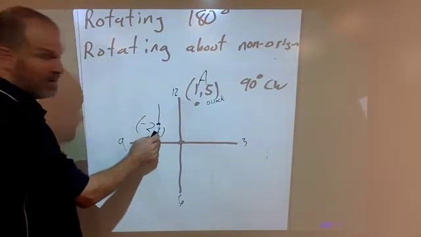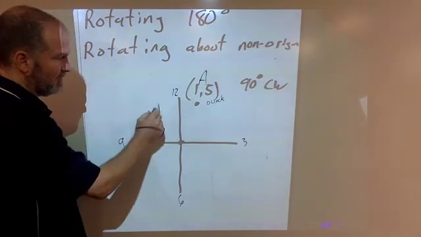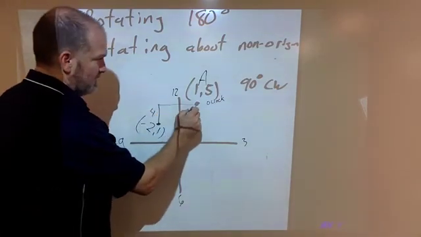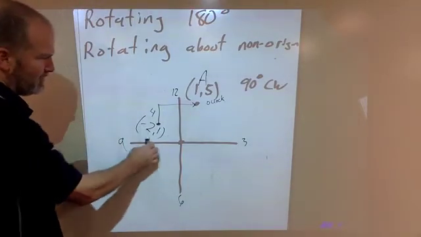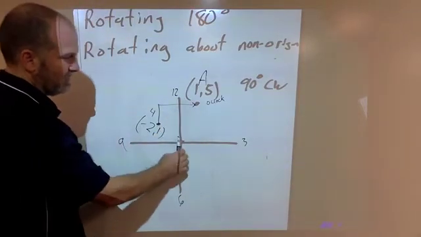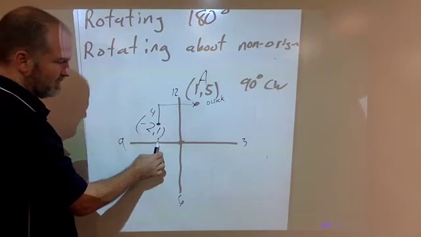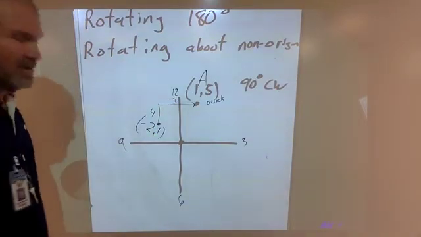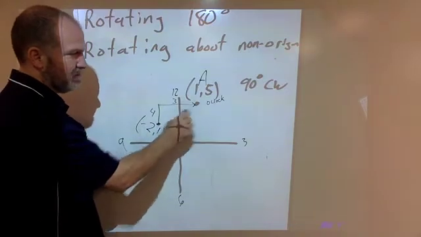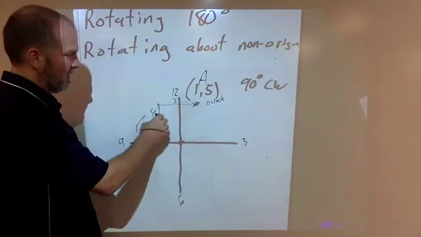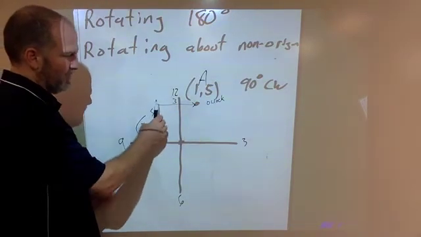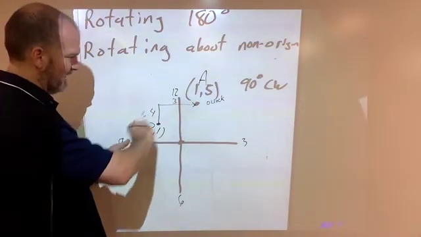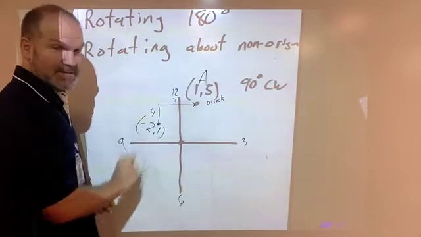I'm at 1, and this is all the way up at 5, so I got to go up another 4 spaces. And how far over did I have to go? Well, I was all the way over here at negative 2, and I got to get over to positive 1. So from negative 2 to positive 1 is 3 spaces. So to get from the center to the point I'm trying to rotate, I had to go straight up 4 and then break the hand on my clock and go over 3.